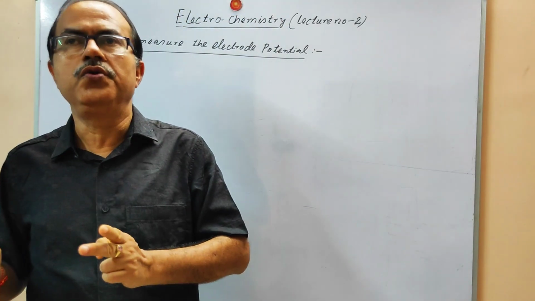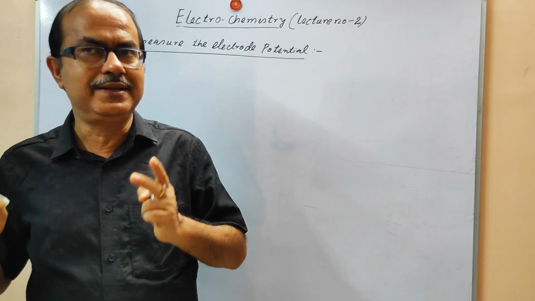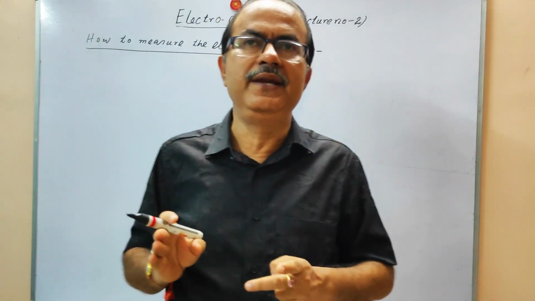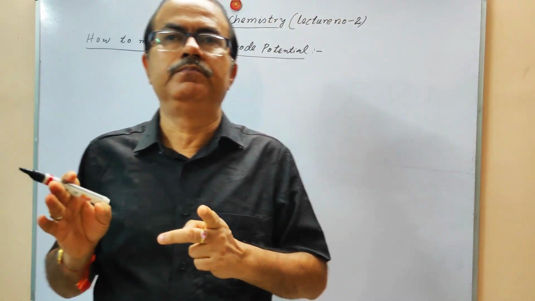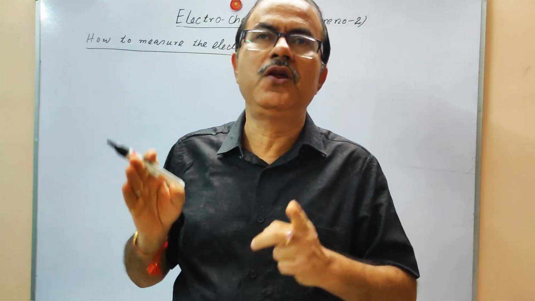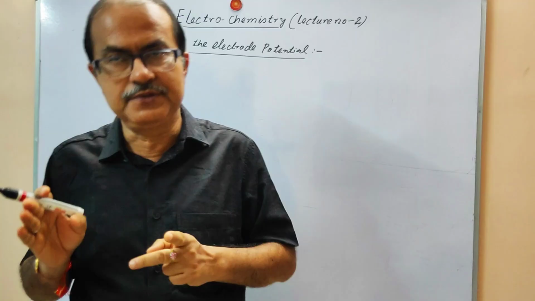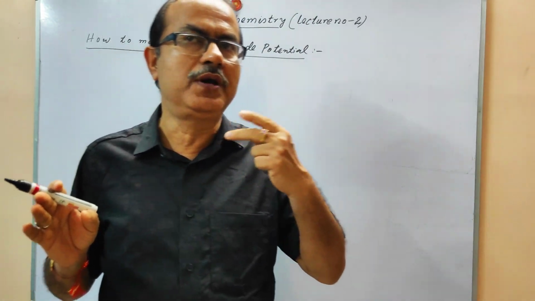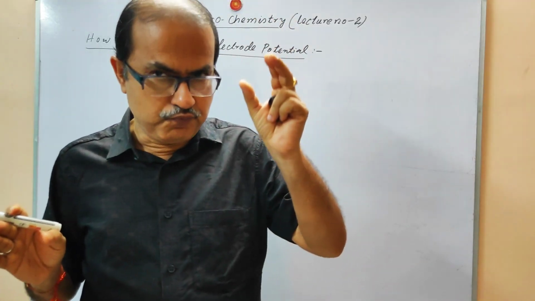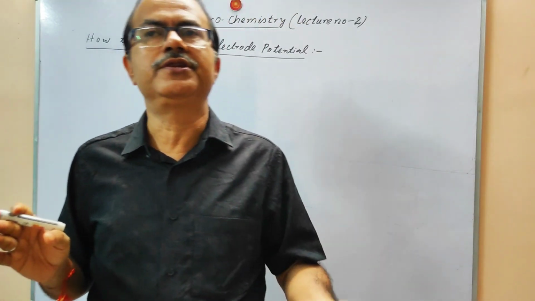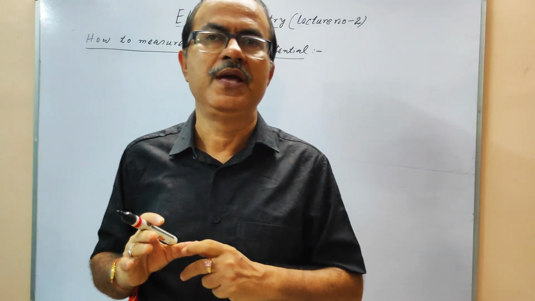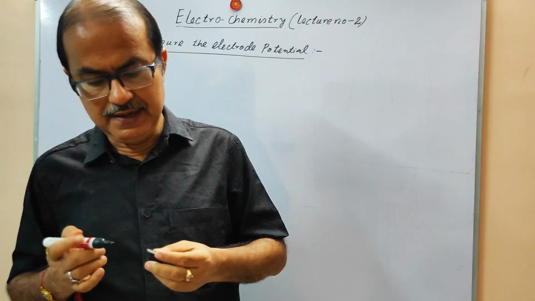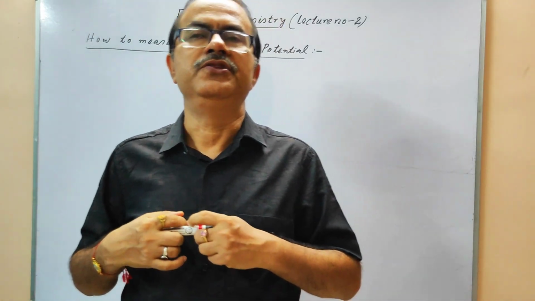So alone you cannot calculate the cell potential, but if you arbitrarily choose the potential of one half cell, then you can calculate the potential of the other half cell with respect to this half cell. And in that regard, one standard half cell has been designed.